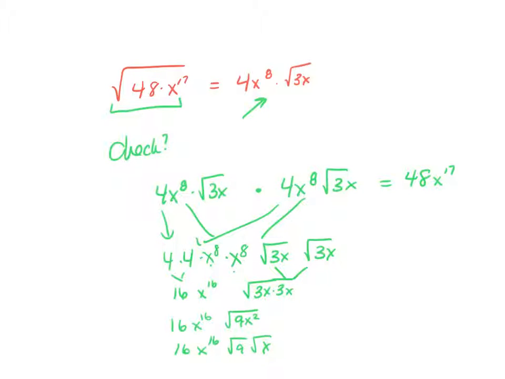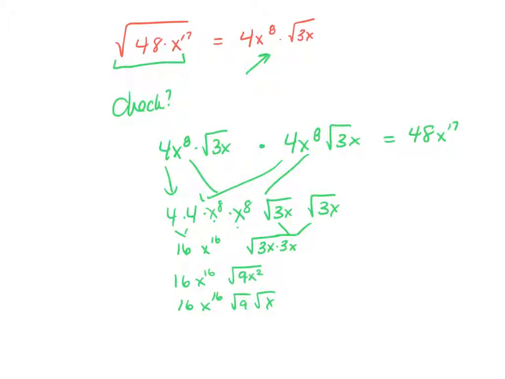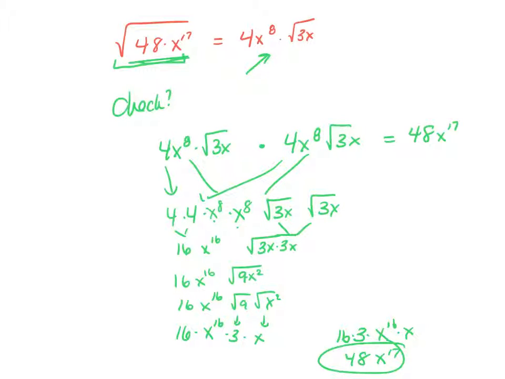And the good thing for us is both of those are perfect squares. So out of 16, x to the 16th, this turns into a 3, and this turns into an x. So if I rearrange again, I get 16 times 3 times x to the 16th times x, which is 48x to the 17th, which is exactly what we originally had under the radical.